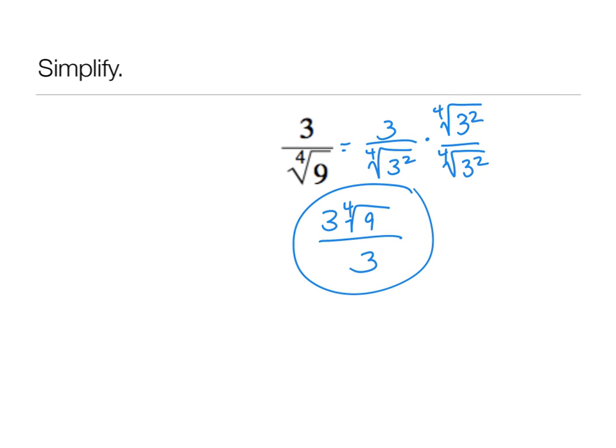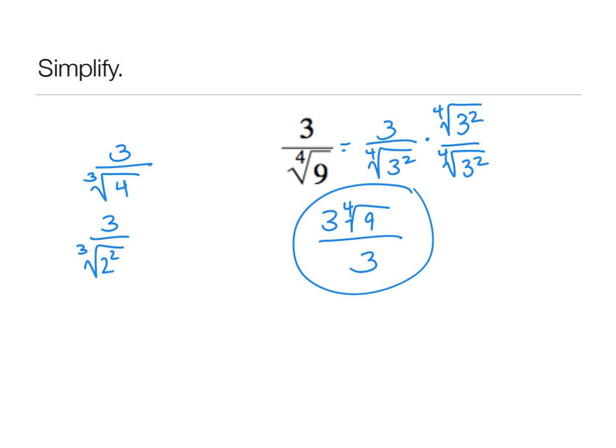I want to show you one more example because this is a common problem. Let's make this 3 over the third root of 4. So I want to reduce that. I've got to rationalize my denominator. We need to recognize that my denominator is the cube root of 2 squared.